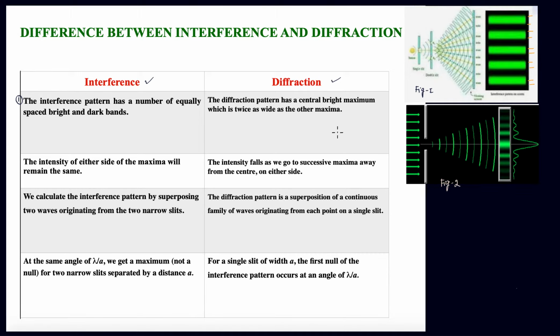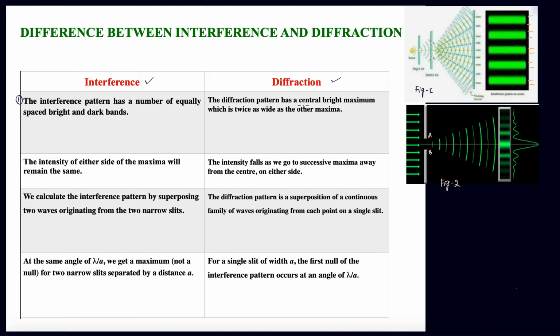But in case of the diffraction pattern, here there is the single aperture AB we were discussing. The parallel wavefront that falls on this aperture AB will diffract to some angle, lambda by a. But in this case the diffraction pattern is such that all the bands are of unequal width.